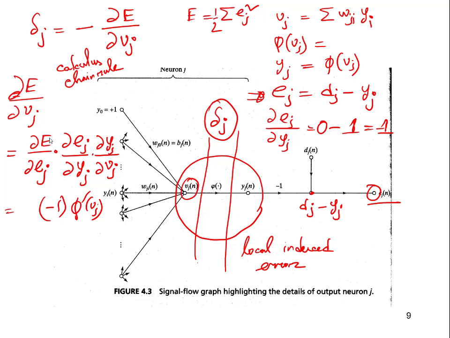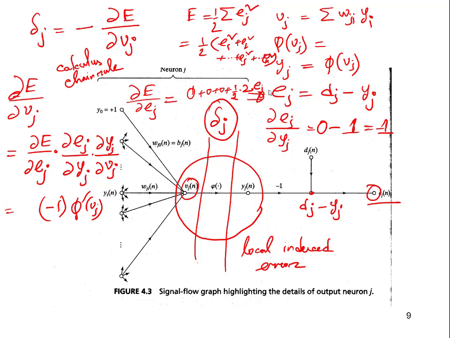And if you consider delta E by delta Ej, if you break down the summation, half of E1 square, E2 square till Ej square plus En square, only Ej will remain as a variable and the others will become constants. And if the others are constant, then delta E by delta Ej will become 0, 0, 0, half, 2 will come in front, Ej.